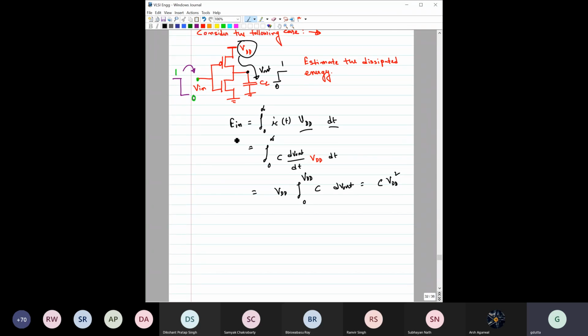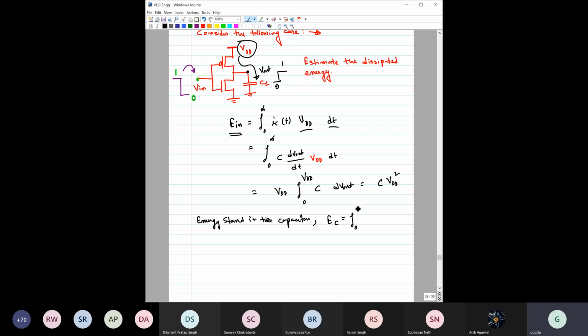So this is the energy that has been taken from this VDD during this charging process. Now we will find what is the energy stored in the capacitor during this process. That is, say, EC we will write.